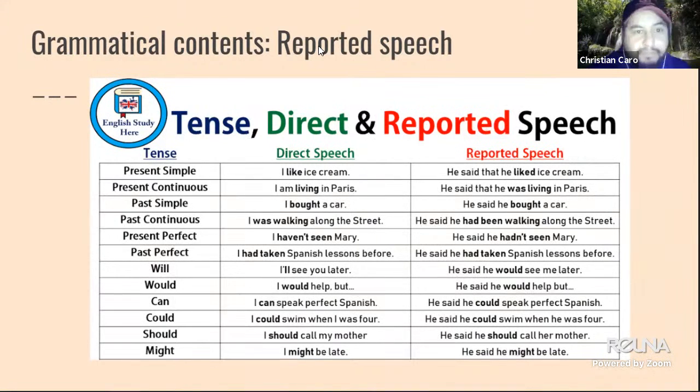The aspect, por ejemplo, perfect aspect, que le llaman otra categoría, digamos, para describir los communicative acts. En este caso, ¿cierto? Direct speech is like one person speaking, puede ser first person, second, or third person, singular and plural.